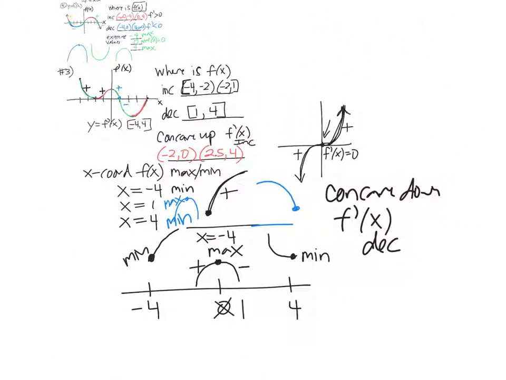So concave down would be -4 to -2, and then 0 to 2.5.